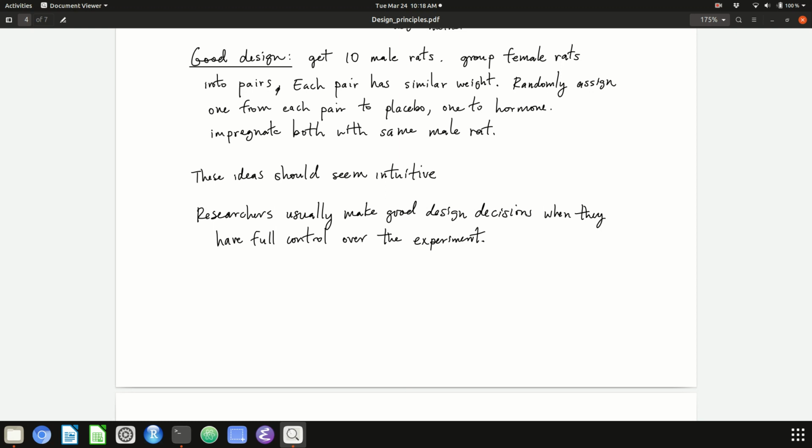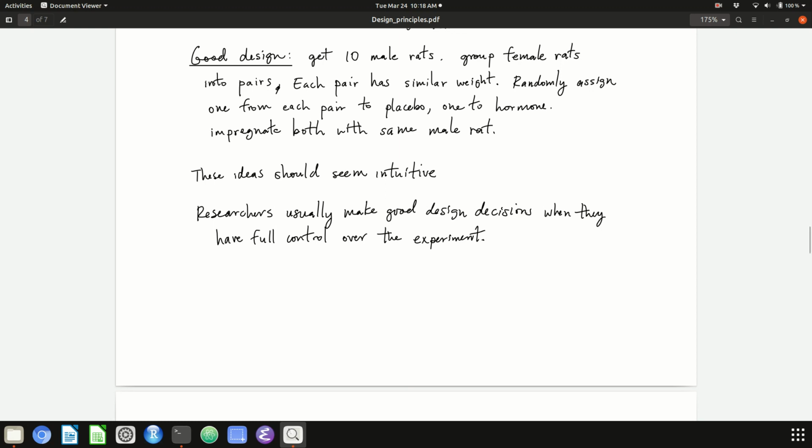So to guard against assigning the better female rat the treatment every time, we flip a coin and we assign the treatment randomly to those 2 female rats. That makes it very unlikely that in every group of 2 female rats we would assign the healthier female rat the hormone or the placebo, or vice versa.